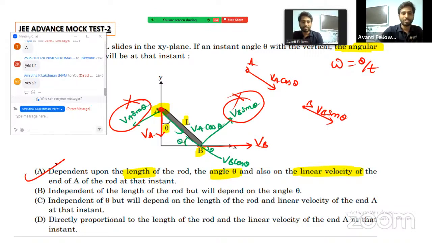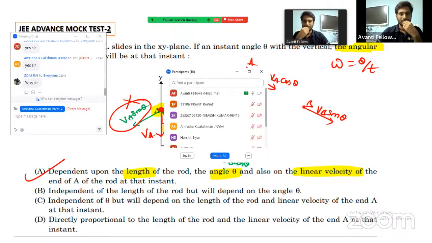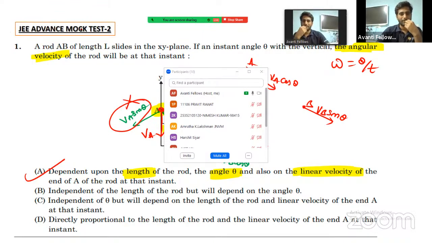We'll move on to the next question. Harshit, hi. Yes, that's a split.